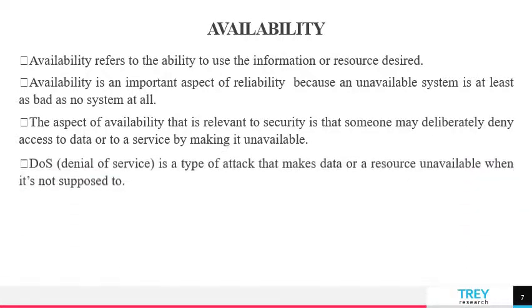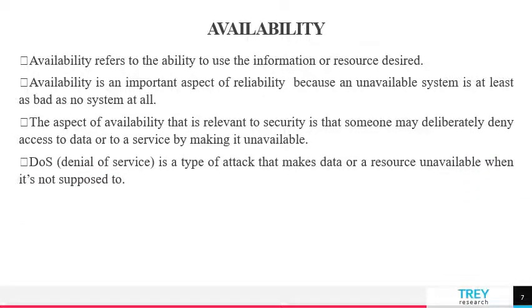Yes. Okay, so there is what we call DOS, which is the denial of service. Denial of service is a type of attack that makes data or a resource unavailable when it's not supposed to.